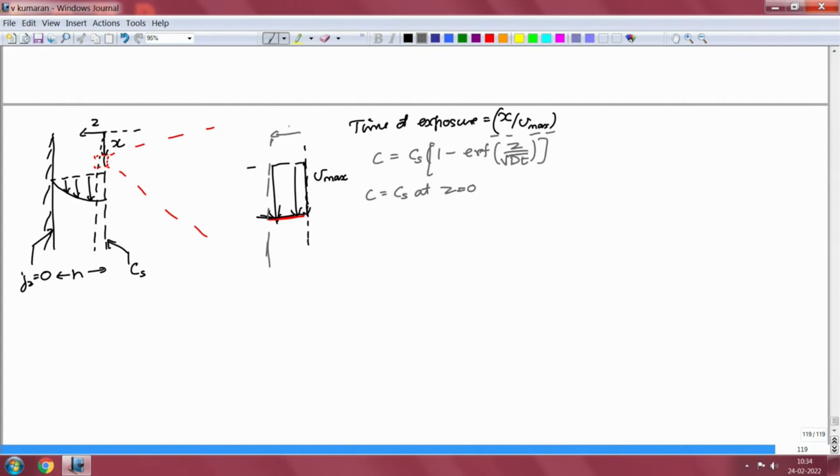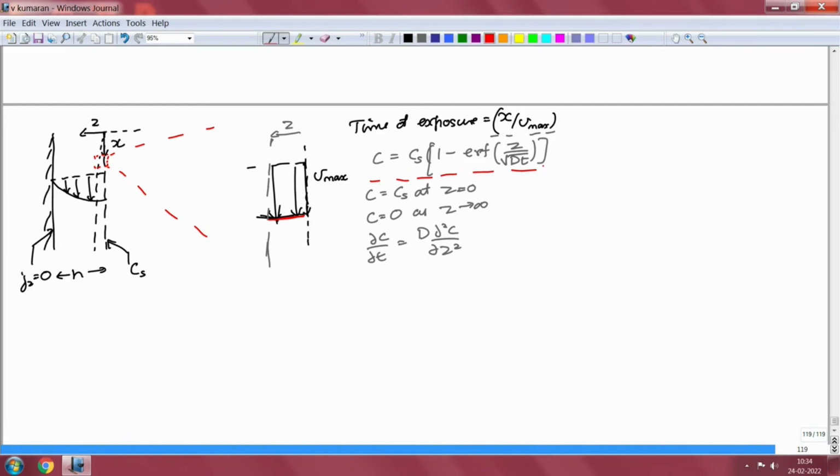Z now is the distance from the film. C is equal to Cs at z is equal to 0 and C is equal to 0 as z goes to infinity. For these boundary conditions and the equation partial C by partial t is equal to D partial square C by partial z square, this was the similarity solution we had derived.